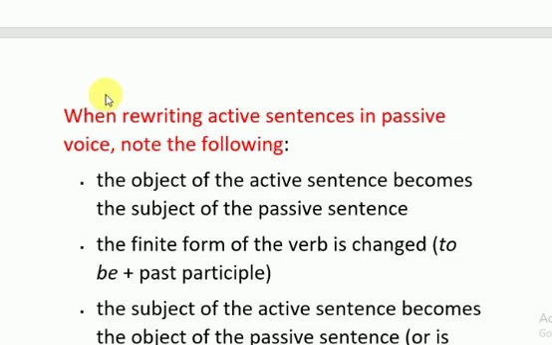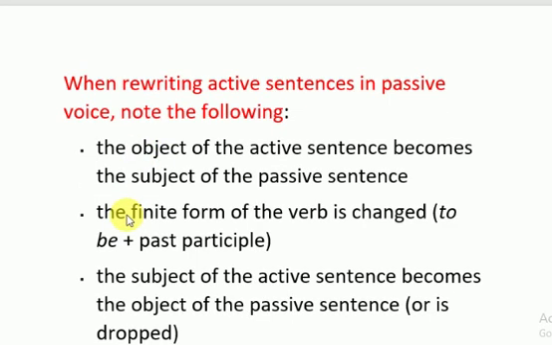But if we turn it into a passive voice, we would say that a letter was written by Emily. So you see here how we changed the same thing. We have some notes to talk about.